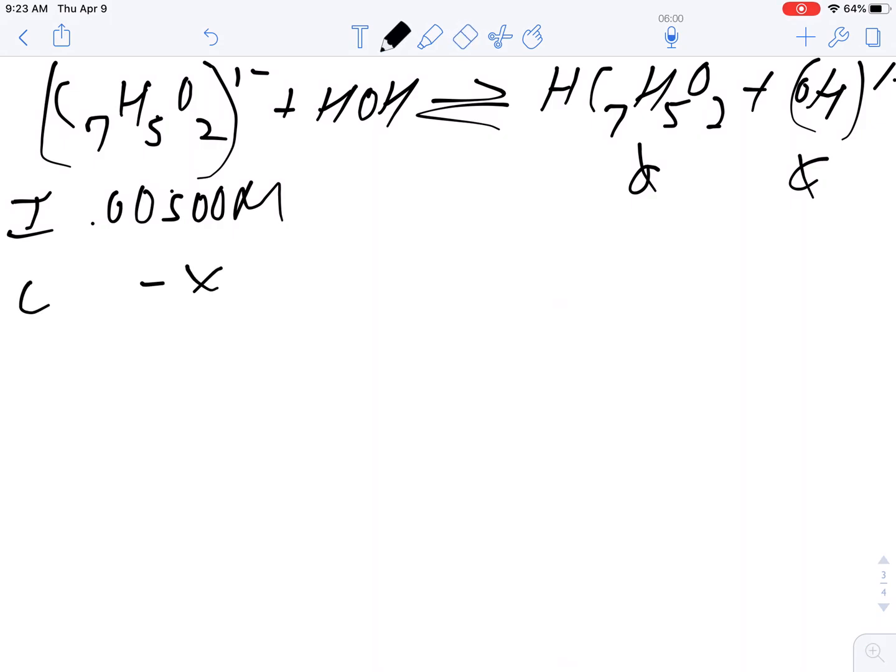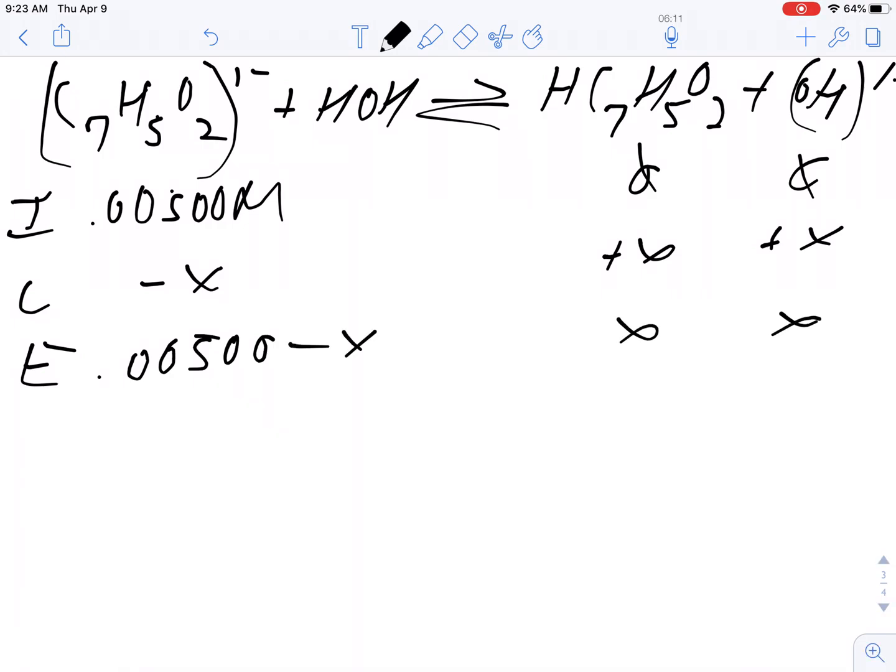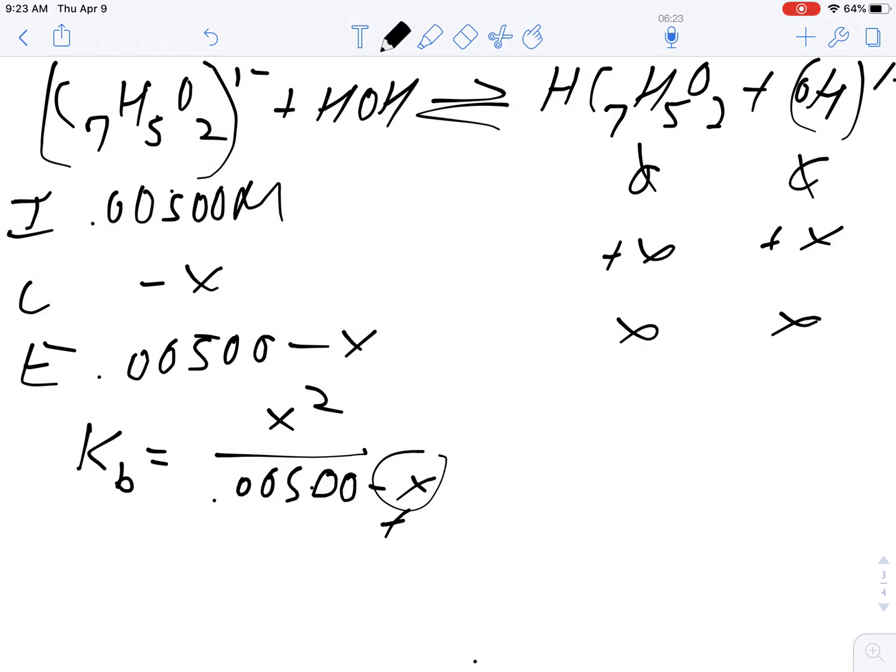I'm going to lose X, gain X, gain X. So my Kb is going to equal X squared over 0.005 minus X. This X will be too small to matter, but we need to know Kb, and we don't know Kb, we know Ka.